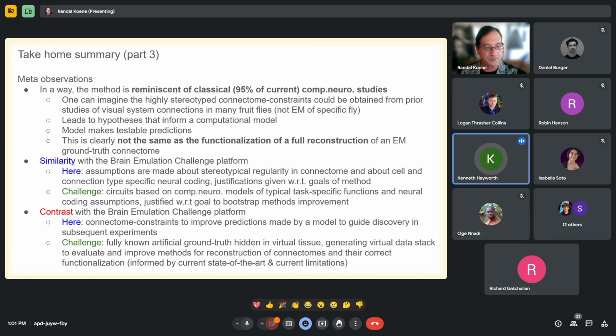Then would not a clear question be how much work is the decoding network really doing, and how much work is the connectome of the fly, the thing that is being tested, doing?